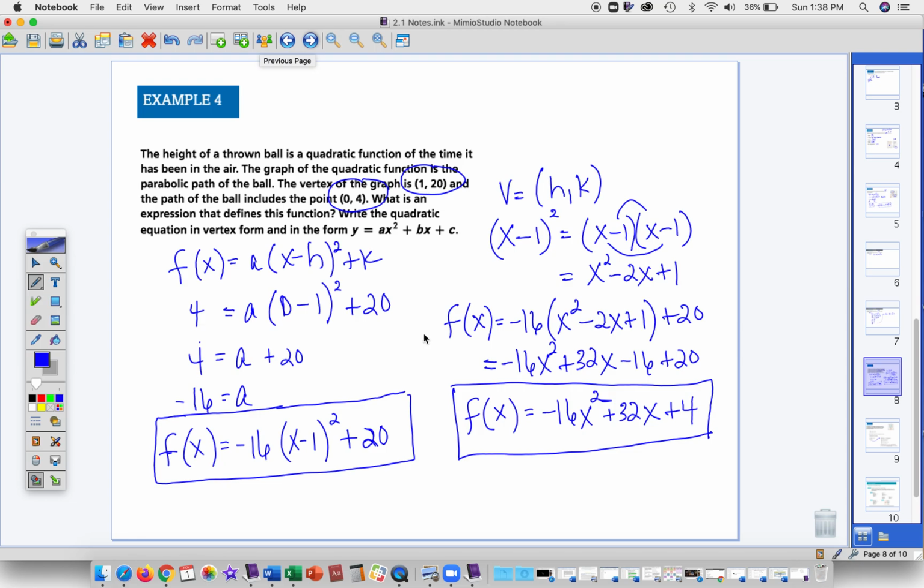I didn't leave the blank one here on my notes for some reason, but I want you to try example 5. So pause the video, see if you can come up with both forms. So start with the vertex form, multiply out this quantity by itself, and then distribute, like we did here, and combine constants and get the second form. So go ahead and try example 5, and then when you're done, come back and we'll go through it together.